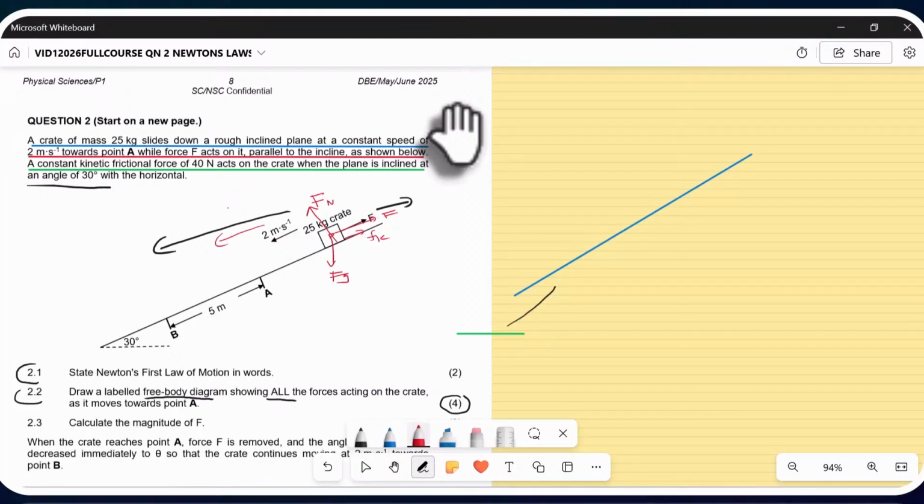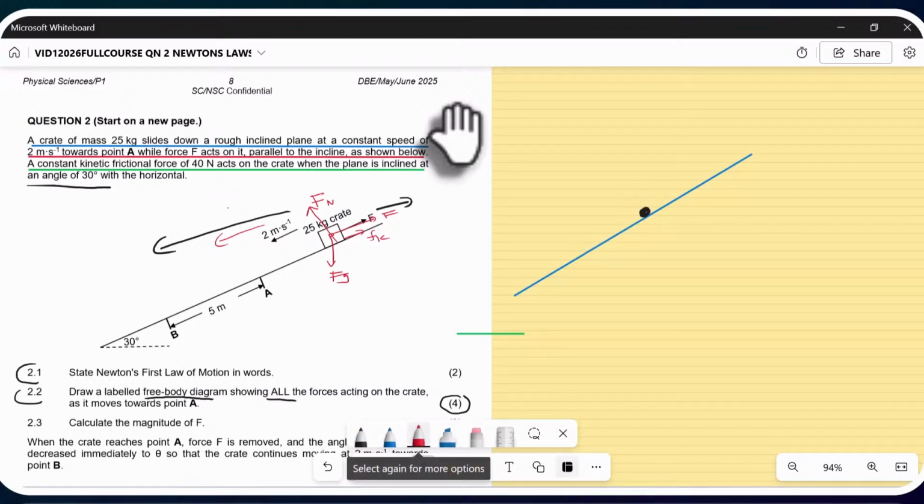So here we go. We're going to first put our free body. This is our free body here. You put a big dot. Now I can start with the weight, that is FG.